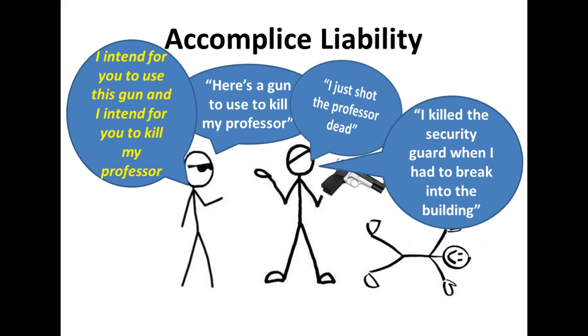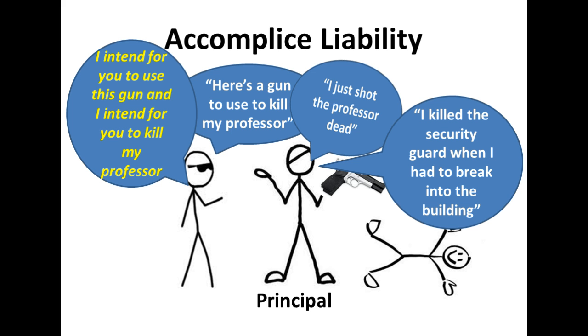But in addition, he indicates, I killed the security guard when I had to break into the building. So now the perpetrator, in addition to just shooting the professor, which was what the guy with the sunglasses had intended, has committed two other crimes. He shot and killed the security guard, and he broke into the building.